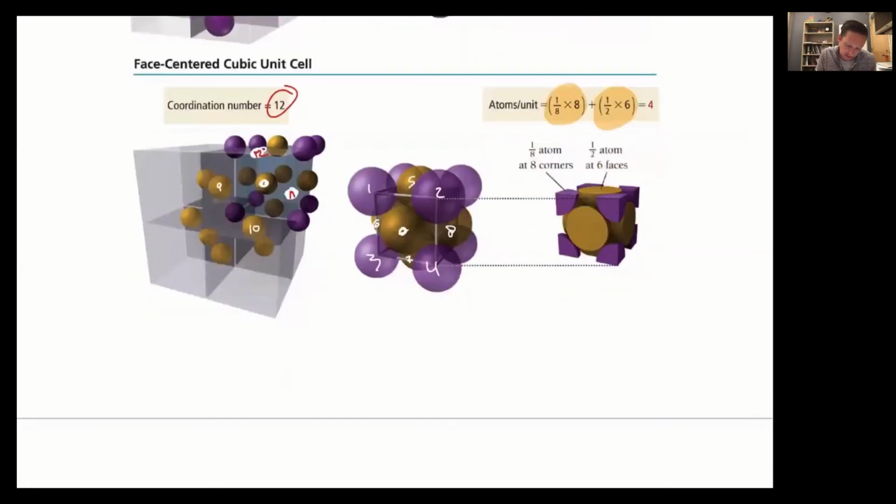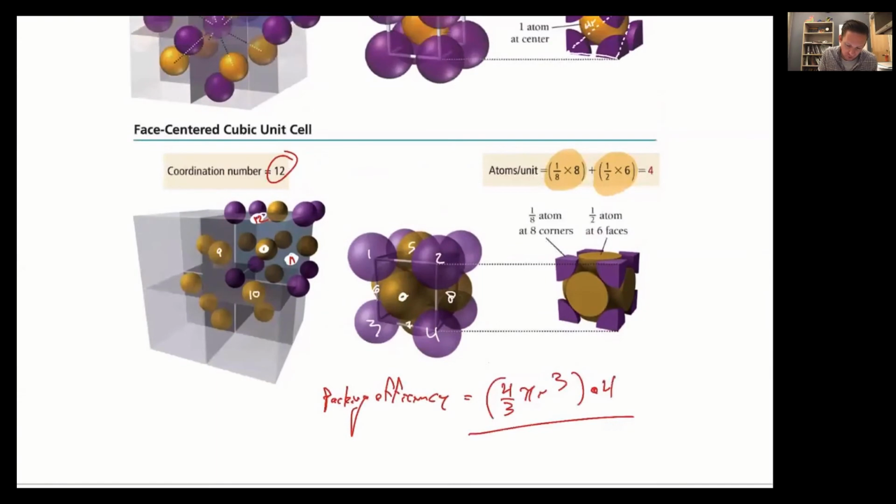And again, packing efficiency would now be the volume of the atoms. So one atom is 4/3 pi r cubed, but now there's 4 atoms within the unit cell over the volume of the unit cell.